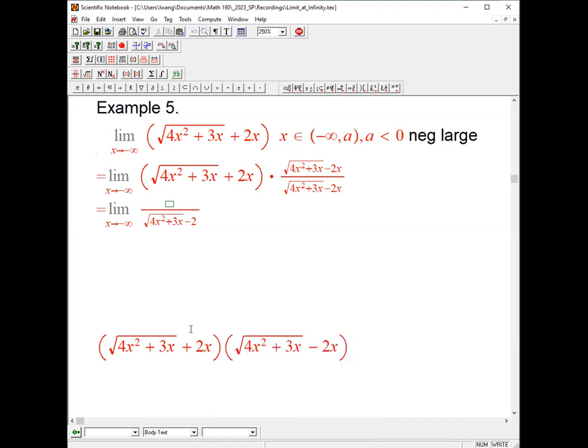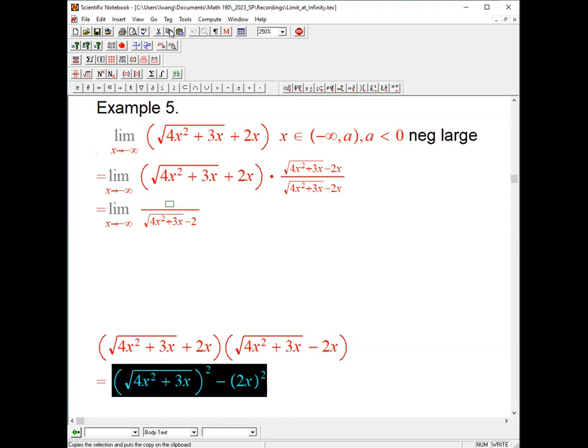That's going to be a squared minus b squared. So that equals this piece squared minus 2x squared. Okay, so that's what we're getting.